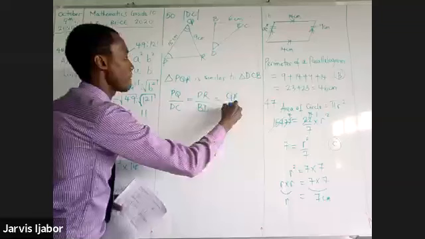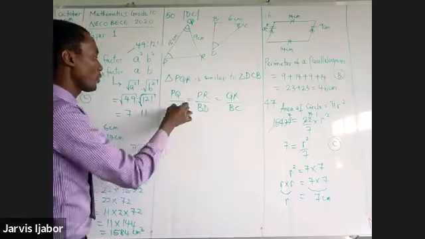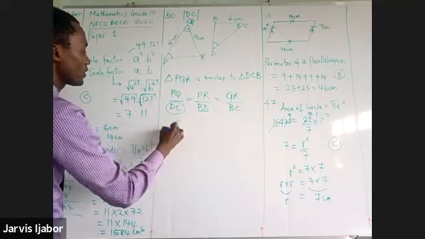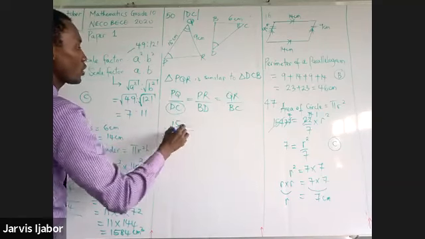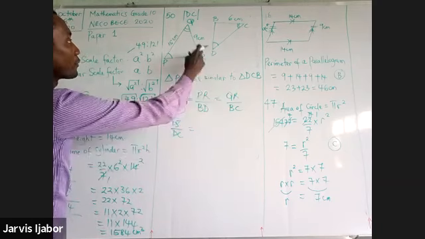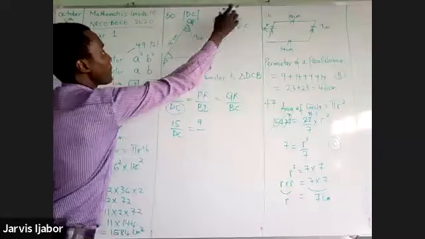So what are we looking for? We're looking for DC. So that will be 15 over DC equal to QR, 9 over BC, 6.